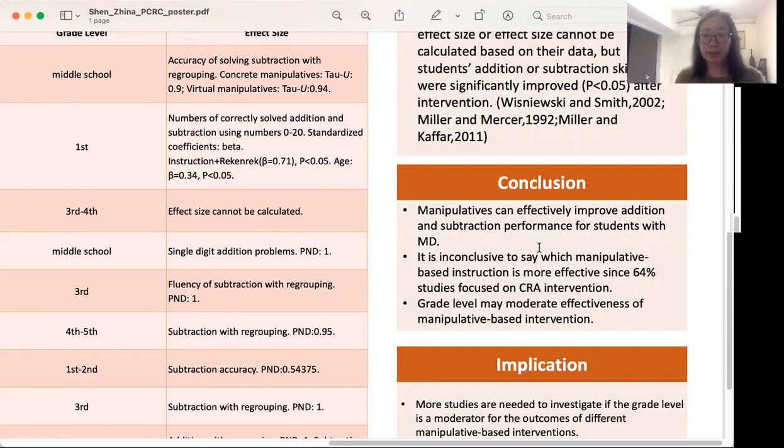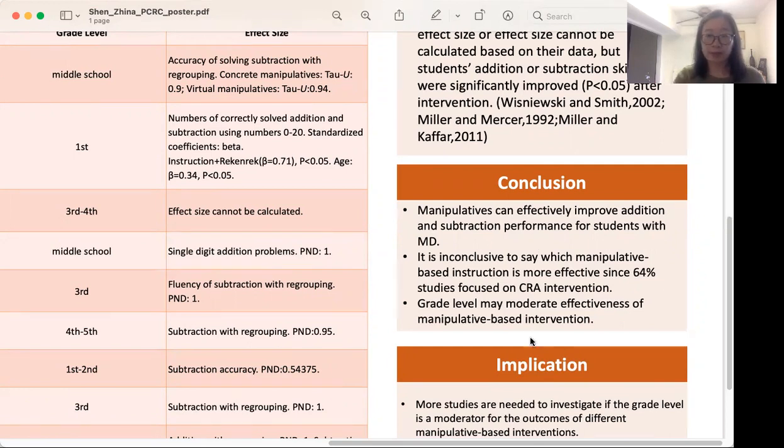But it's inconclusive to say which manipulative-based instruction is more effective, since 64% of studies focused on the CRA intervention, so we may need more studies to figure this out.